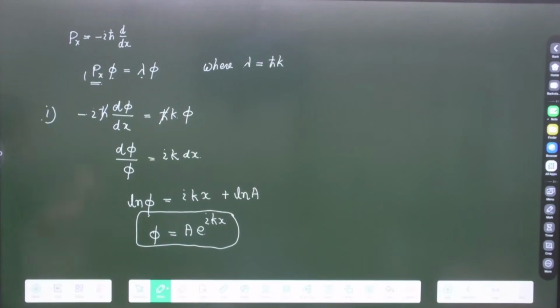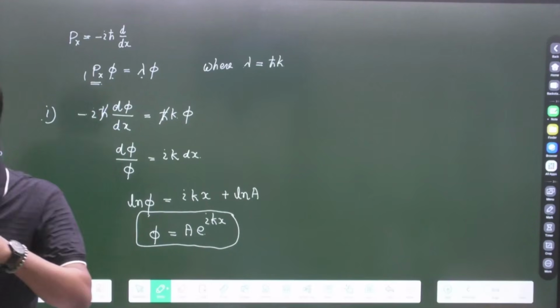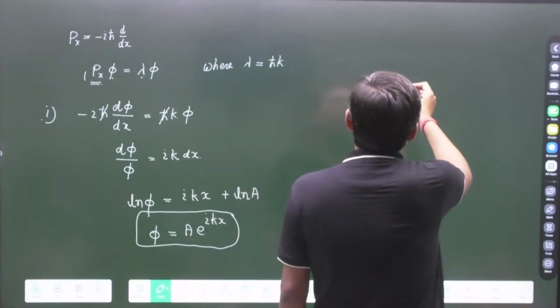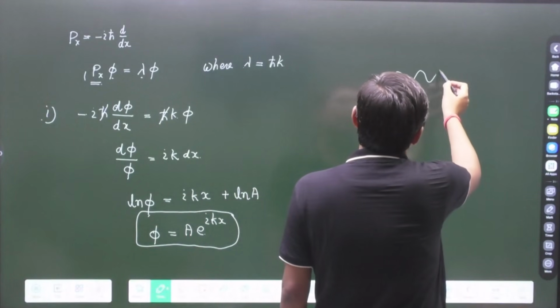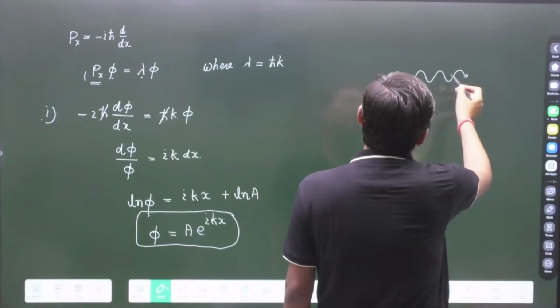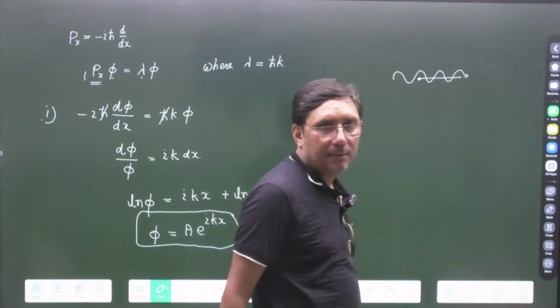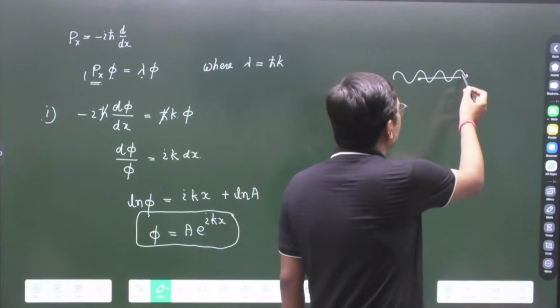If something is moving in this direction, in the x direction, try to understand. Suppose your wave or your particle is moving in this direction.